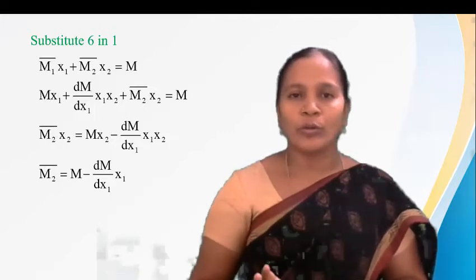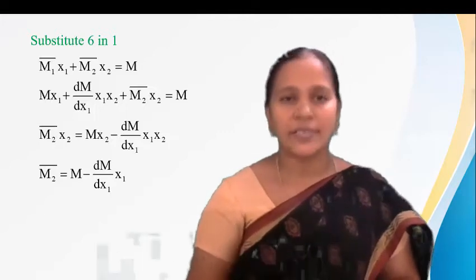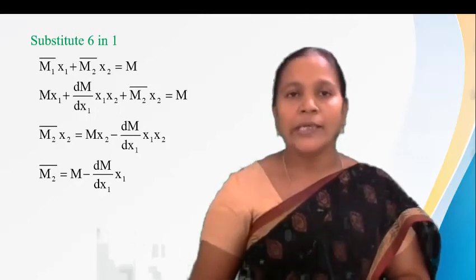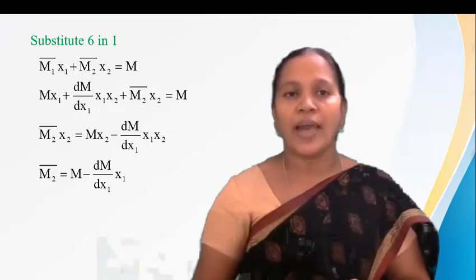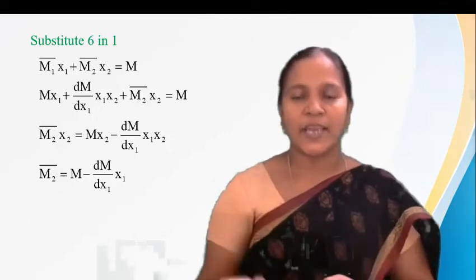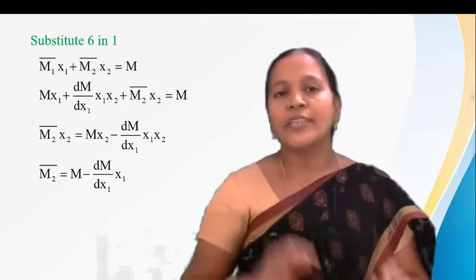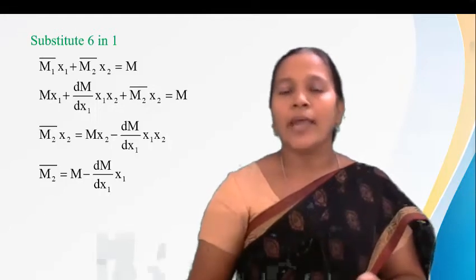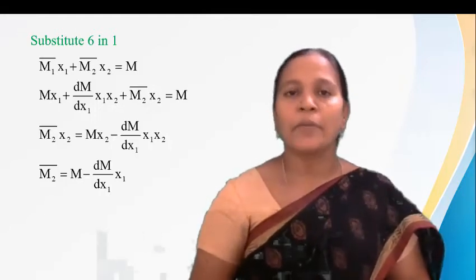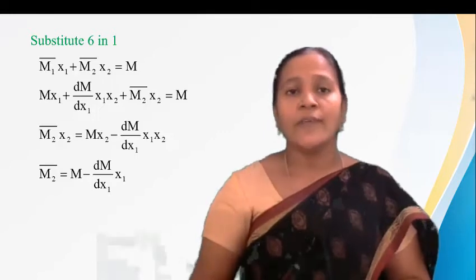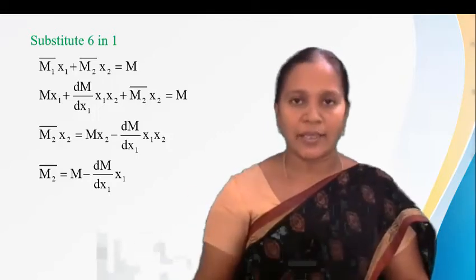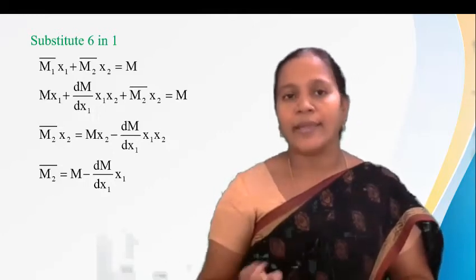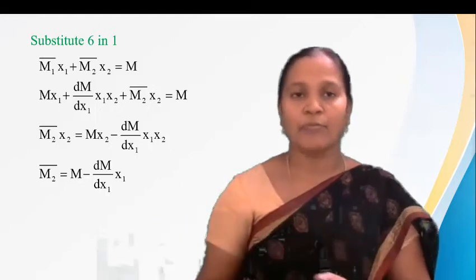Now coming to conclusions of this session. First, definition of chemical potential. Chemical potential is defined as the change in Gibbs energy of the system with respect to change in number of moles of the system at constant temperature, pressure and number of moles of other species, which is mathematically expressed as mu is equal to ∂(nG)/∂ni at constant temperature, pressure and nj.